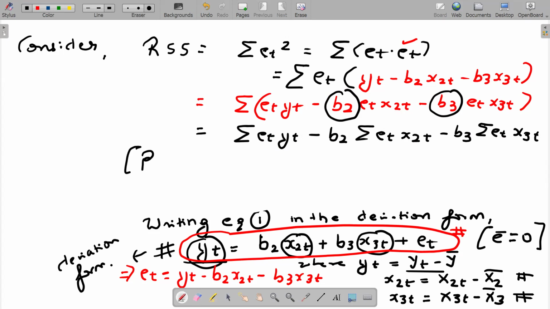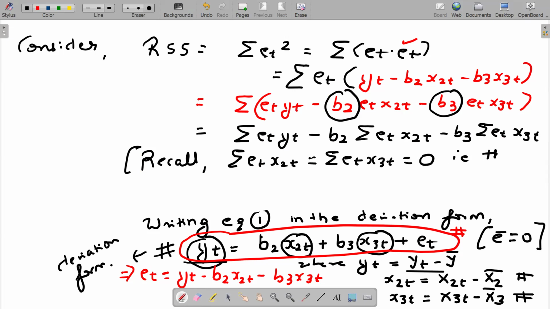Now recall that the sample residual term is uncorrelated with the xi's. That is, summation et x2t and summation et x3t both are equal to 0.